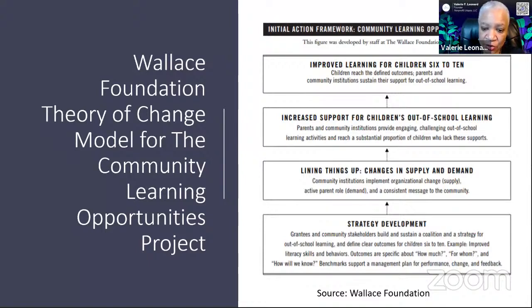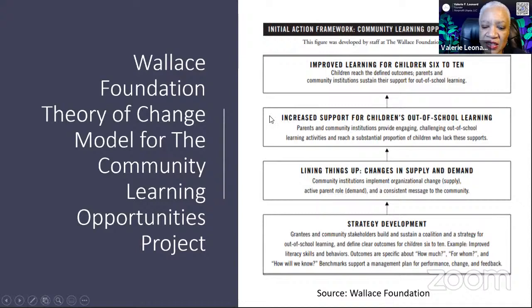And then they want to make sure that they work on the parents. The parents have an active role, and the parents are actually demanding change. The parents are also demanding services, and then there's a consistent message to the community.